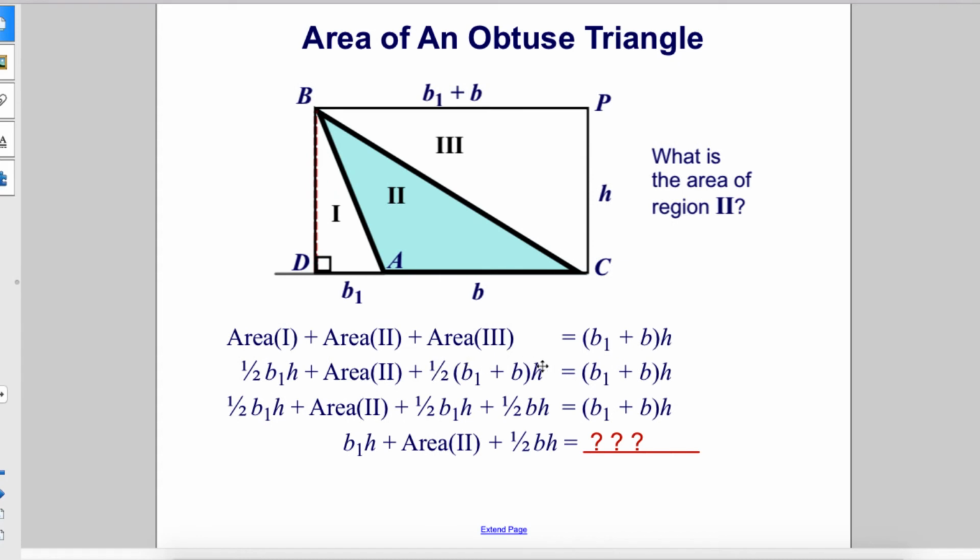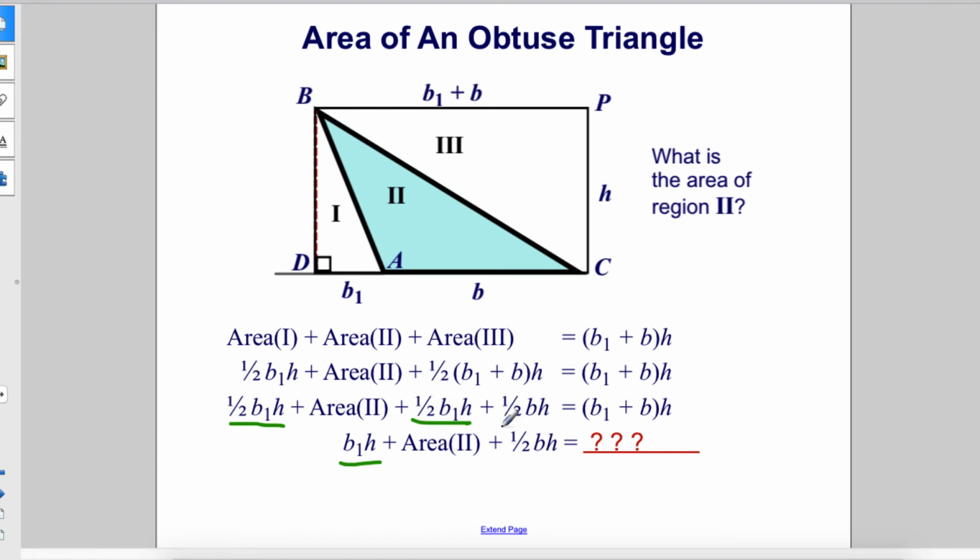We've rewritten this by distributing that 1/2 in, so we have 1/2 base times height plus 1/2 base times height. So we now have 1/2 B1H plus 1/2 B1H, and those combine together to make 1 B1H because we have half here and half there.